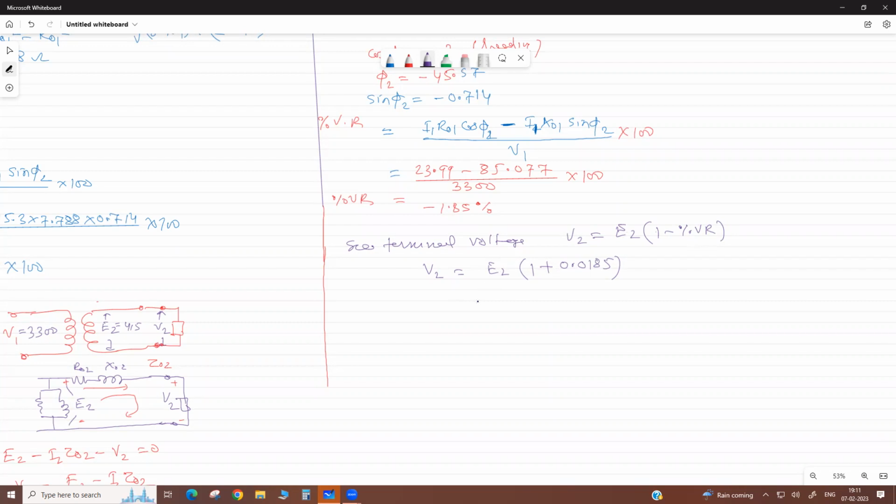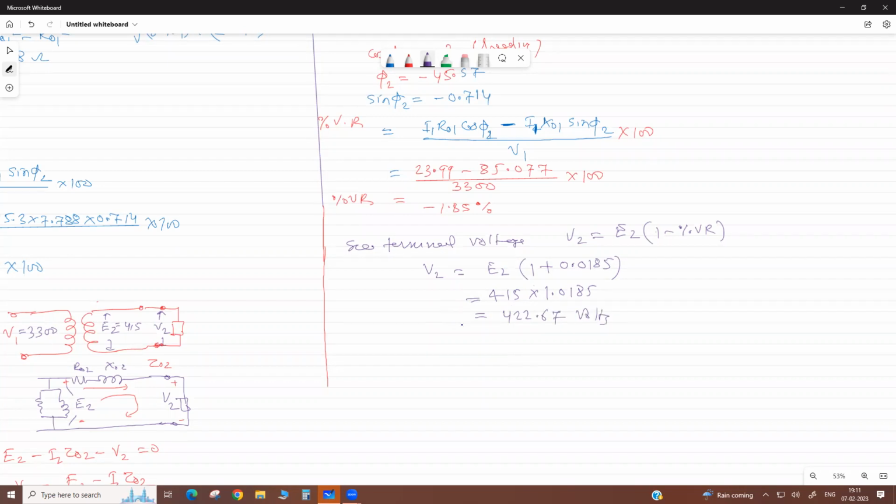It is 415 into 1.0185, so this will give you 422.67 volts.